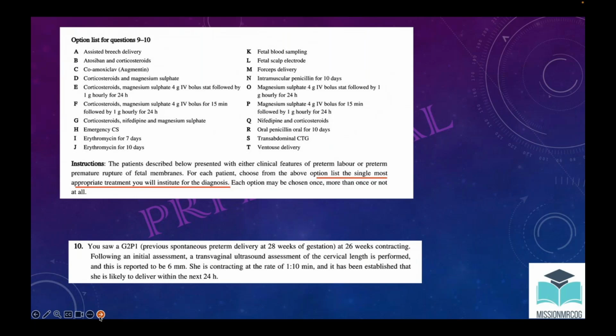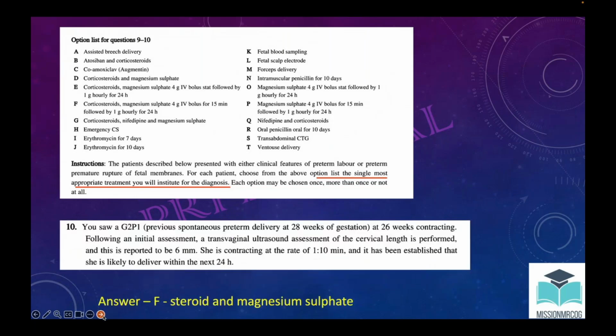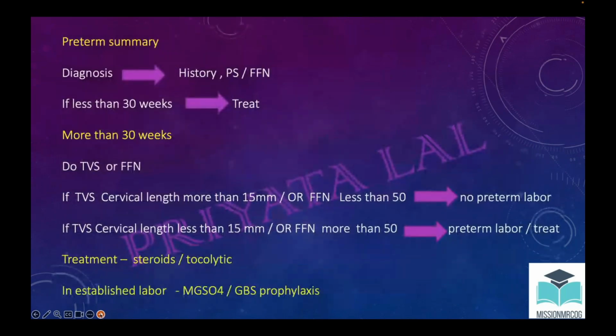Option E. No, not E, F. Yes, F is the answer. When the patient is about to deliver within 24 hours, you have to give treatment: steroid and magnesium sulfate.